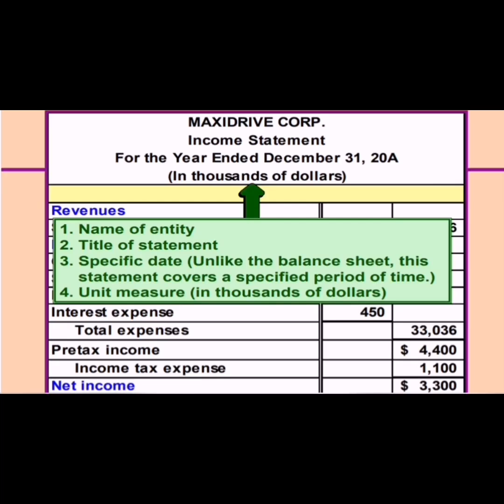After that, the title of the statement, and here the title is income statement. Third is the time for which this statement is being prepared by the accountants, which I just mentioned is about 1 year, starting in January and ending on 31st December. Next is the unit of measure, meaning the unit in which you will measure your income as well as your expenses.